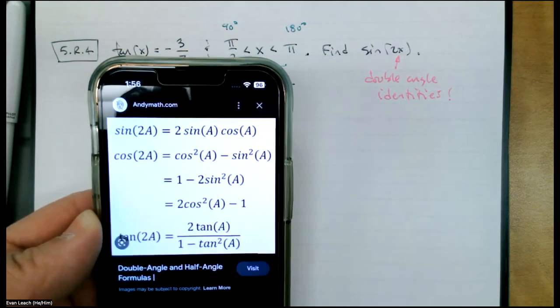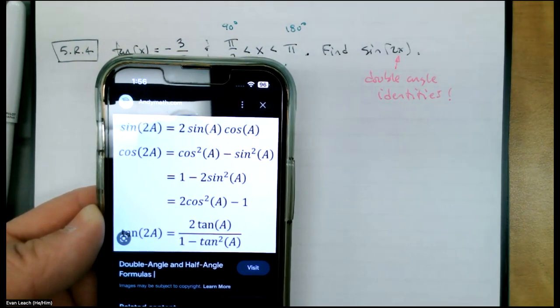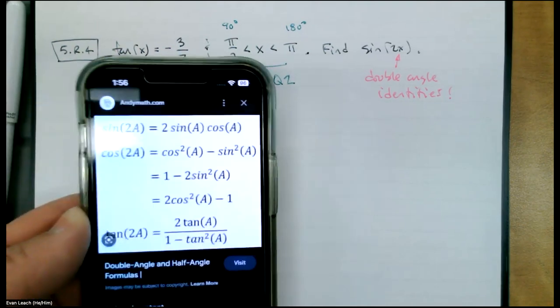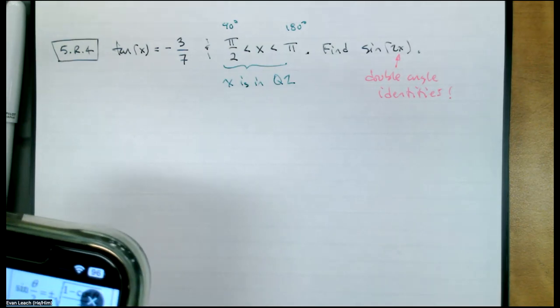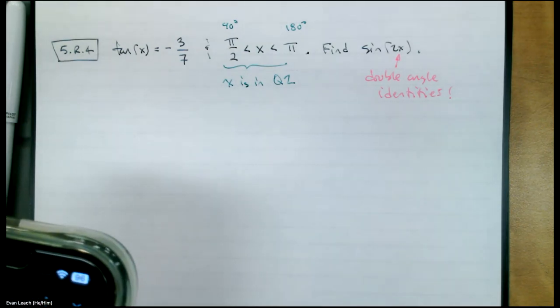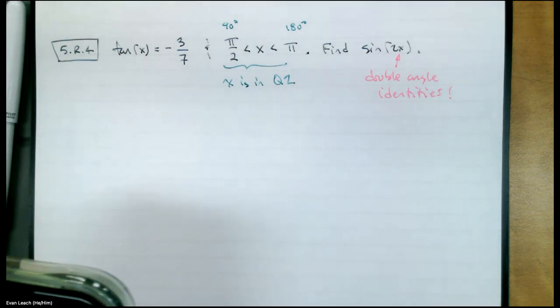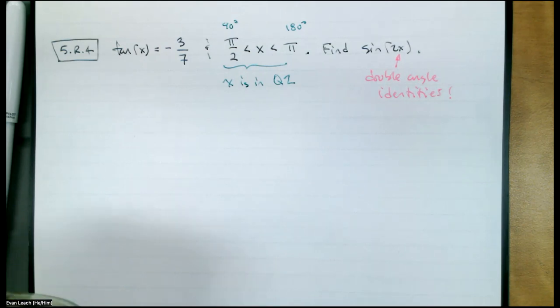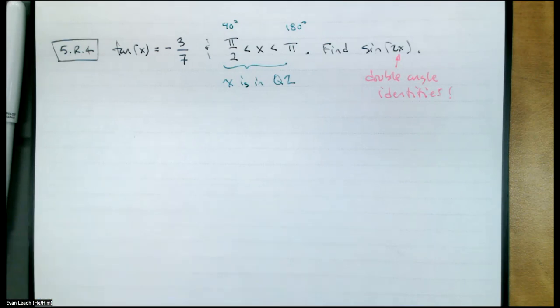I got sine of 2a. The only one available is 2 sine a cosine a. And we're given tangent.